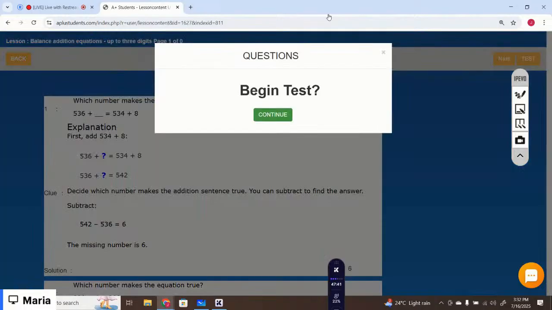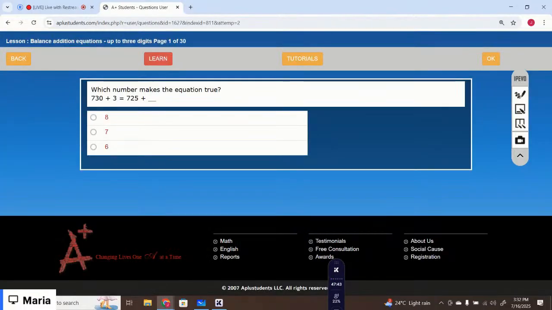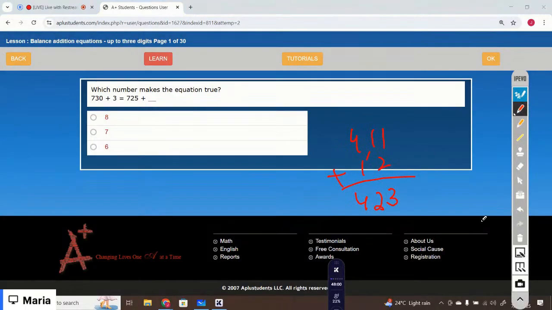Let's just start with the first question. Which number makes the equation true? 730 plus 3 equals 725 plus the unknown number. The first thing we need to do is add 730 plus 3. 730 plus 3 makes 733. Now we need to add a number to 725 that makes it equal 733.